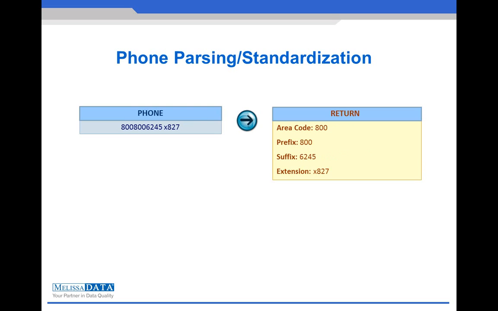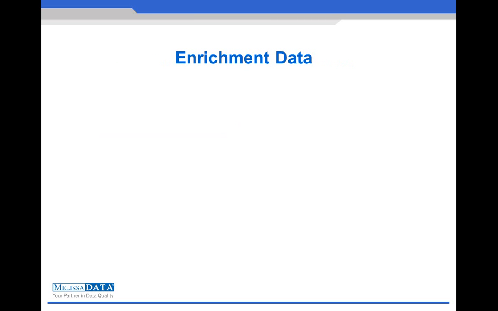On top of standardization, cleansing, and parsing, the data quality components also give you a variety of enrichment information about your data. This enrichment information not only fills in the holes and gaps in your database, but also gives you even more information on the data that you already have.